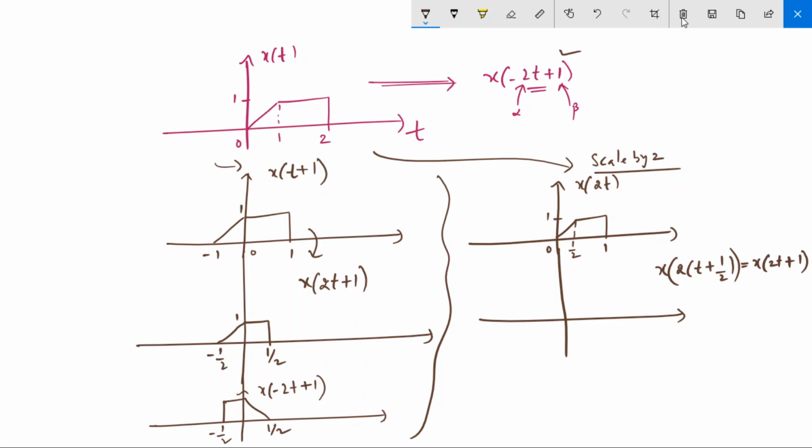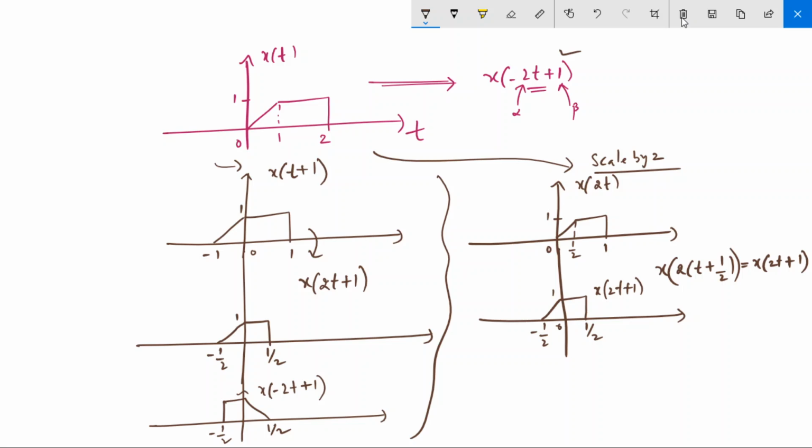So t plus 1 by 2, it is nothing but a left shift by 1 by 2. So I have to shift this signal by 1 by 2 to the left, it will become like this. This one will come at 1 by 2, 0 will go to minus 1 by 2.